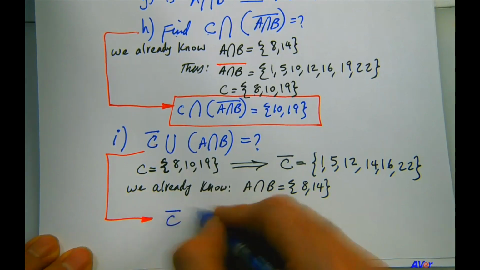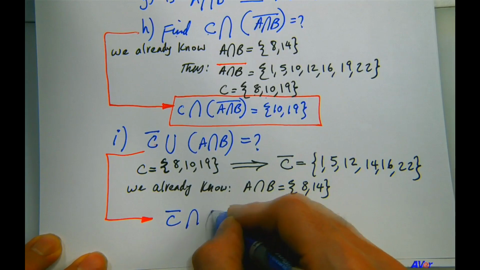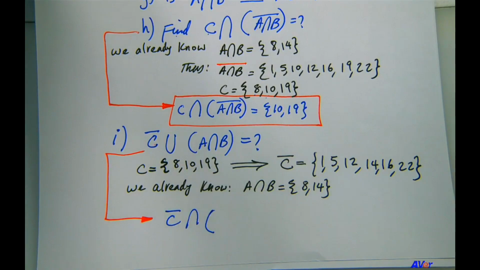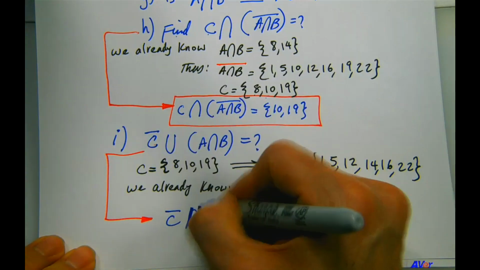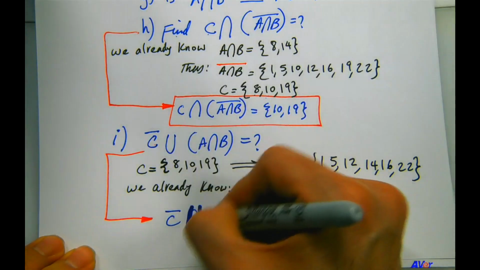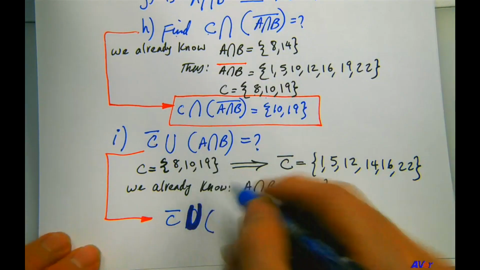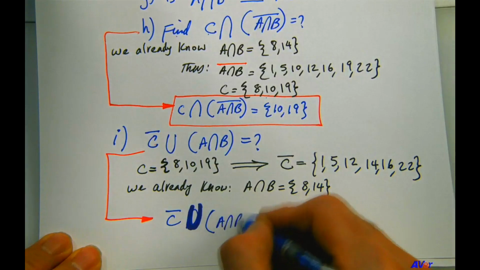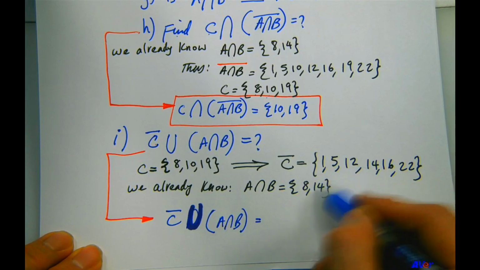So C bar intersection, sorry, no, I need to correct that. Not intersection, union, right? It's a union. So C bar union A intersection B would be everything in these two sets included.